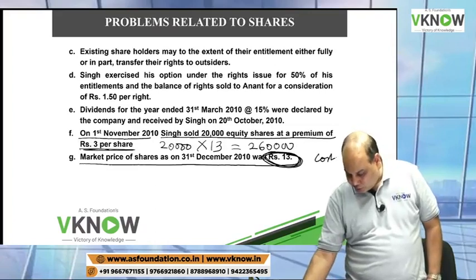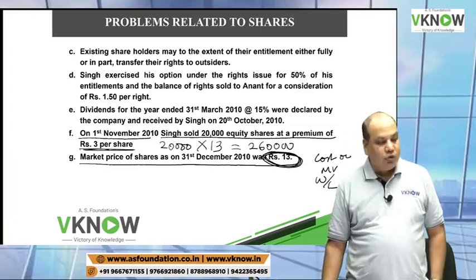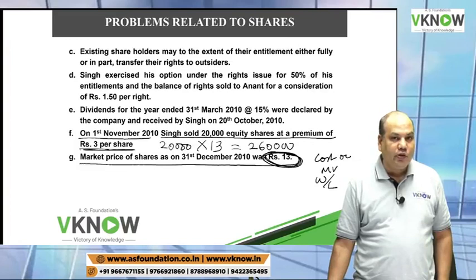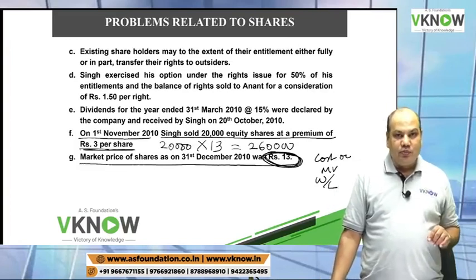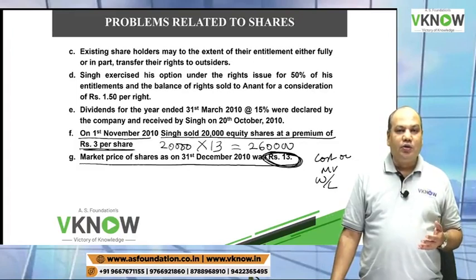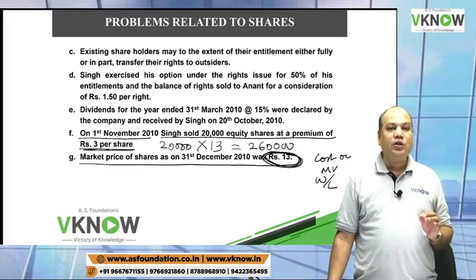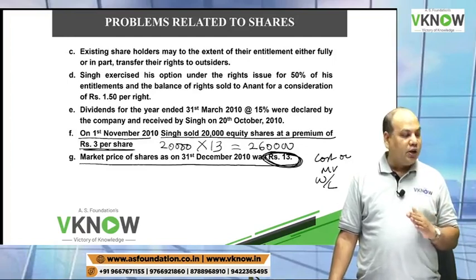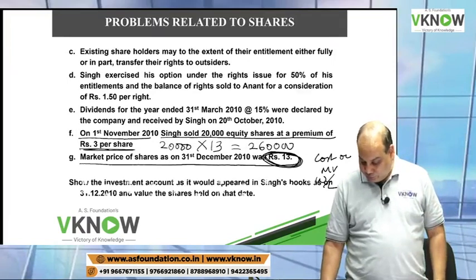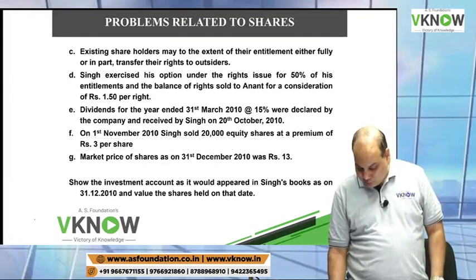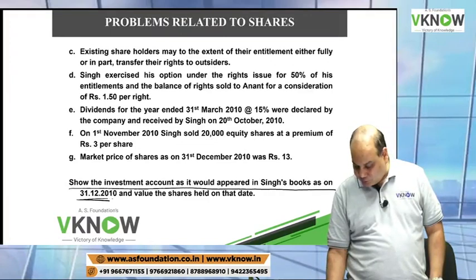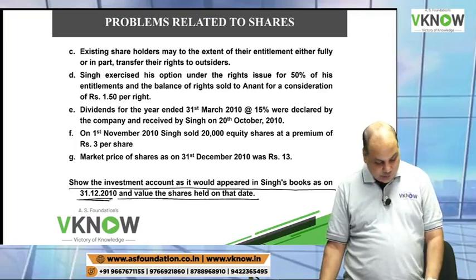So we will apply here cost or market value, whichever is lower, because in this question, it is not given any hint that these are long-term investments. So if no hint is given, apply the general formula, that is cost or market value, whichever is lower. Now the next issue is, what is the year ending date? Show the investment account as it would appear in Singh's book on 31st March 10 and value the shares held on that date.